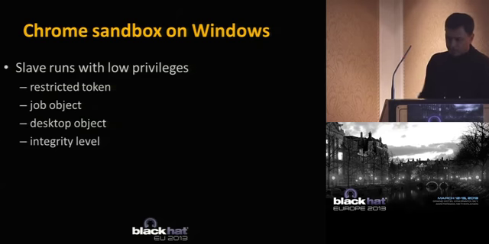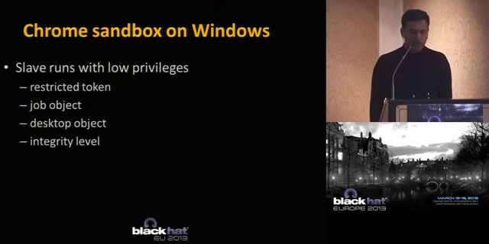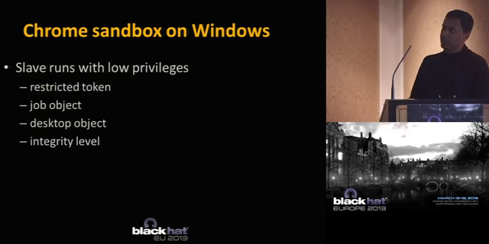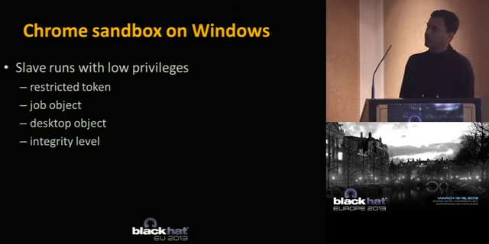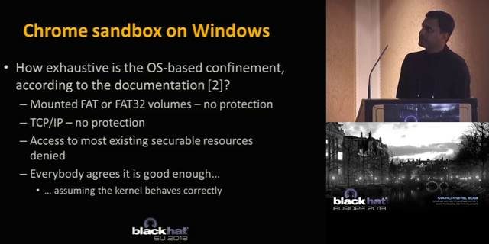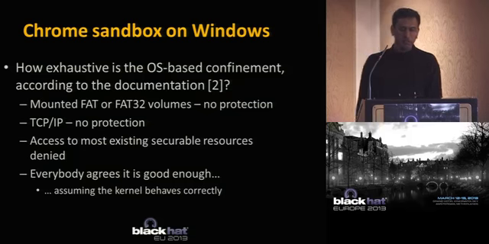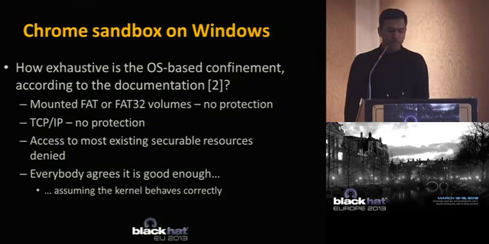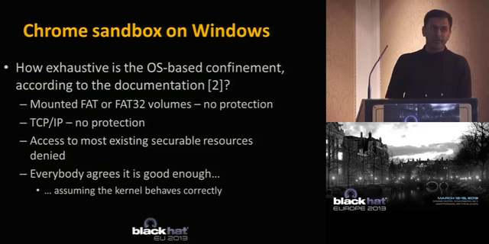The Chromium sandbox runs with low privileges, which is controlled by the operating system, which means it has restricted tokens, job objects, desktop object, and the integrity level. So how exhaustive is the OS-based confinement according to the documentation? As per the Chromium documentation, we found that for mounted FAT and FAT32 volumes, there was no documented protection.